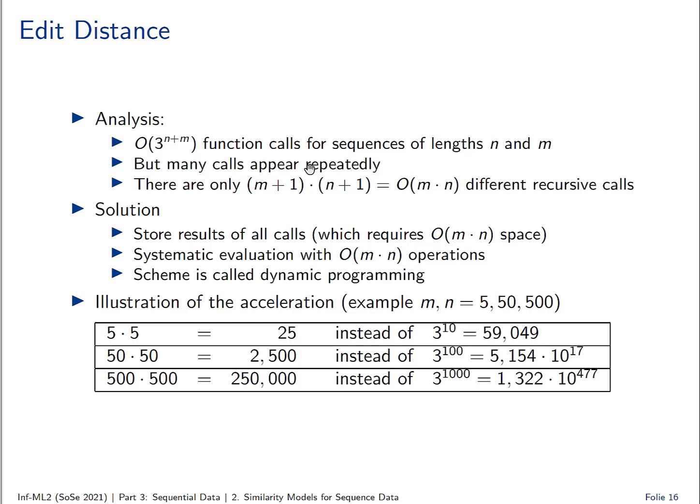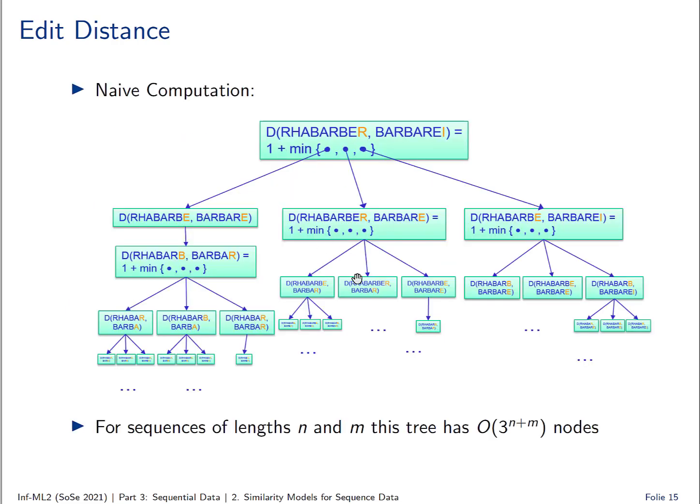Well, we could permute everything more or less, but we cannot really permute completely. So there are obviously only m plus 1 times n plus 1 different recursive calls, different alignments that we can compute in these calls here.